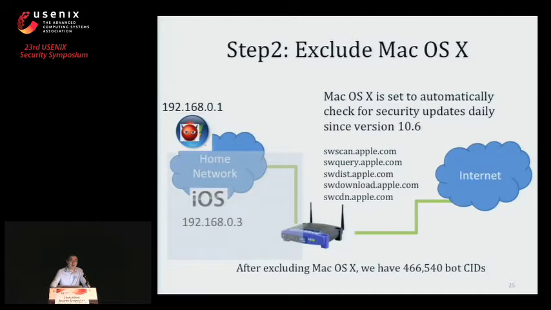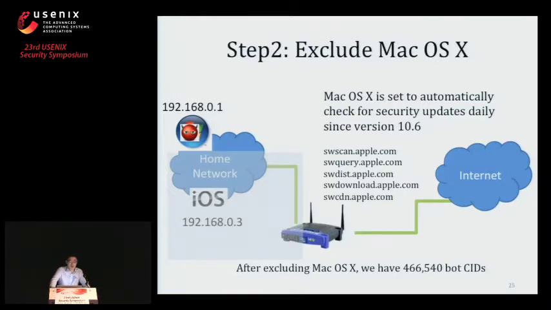The second step is to exclude Mac OS. The intuition is this: if you have both a Windows machine and a Mac OS machine, very likely you will connect your iPhone to the Mac OS machine rather than Windows. But all the malware samples we have are for Windows, so we want to exclude Mac OS in our experiments.